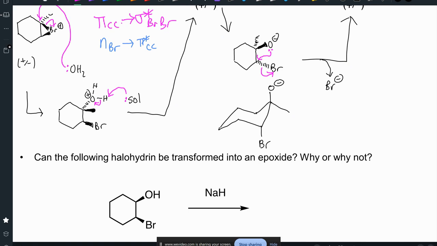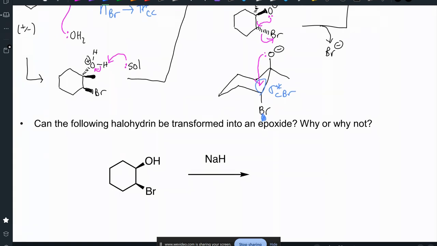Again, drawing chairs is one of those skills that you should practice regularly. And this oxygen lone pair is lined up for a backside attack on sigma star C-Br, right? Sigma star C-Br would be here. So that's an easy alignment, and that can happen in a pretty straightforward way.